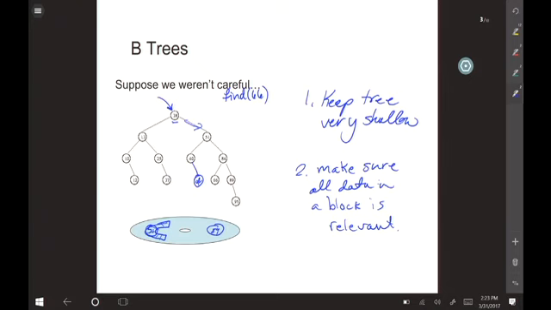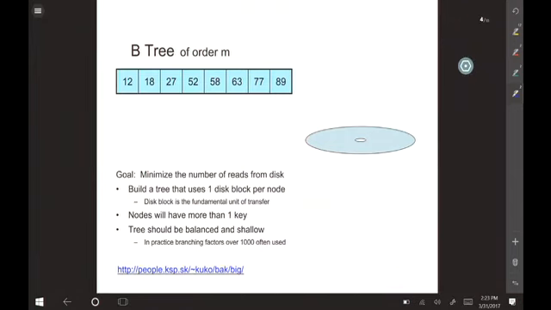Okay, so let's switch gears for just a second. I have a question for you. What is that thing up there? Tell me everything you can about the data structure that's on the screen. Yeah, it's an array. It's a sorted array. That's right. Well, that's sort of an incomplete answer because what it really is is a BTree node.